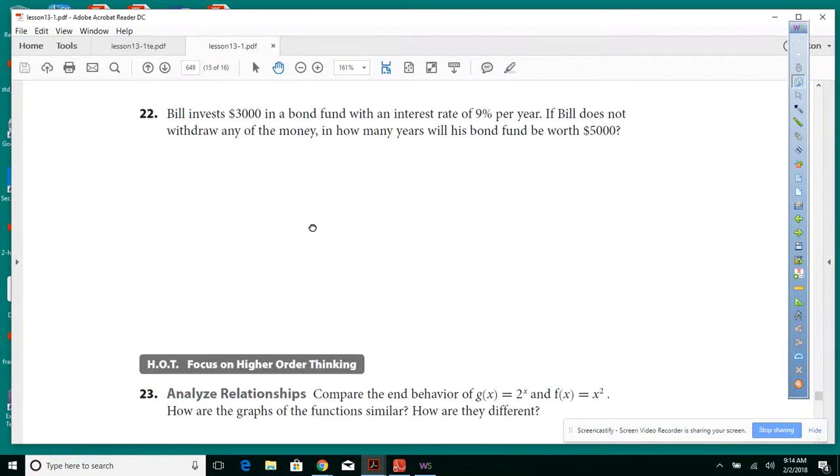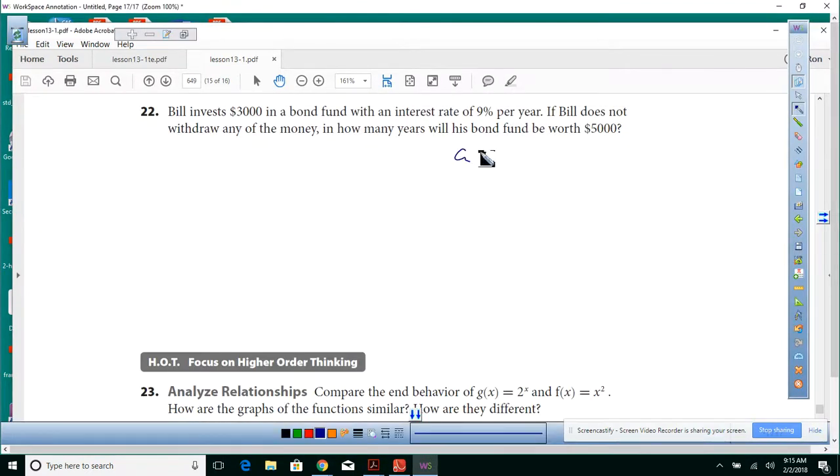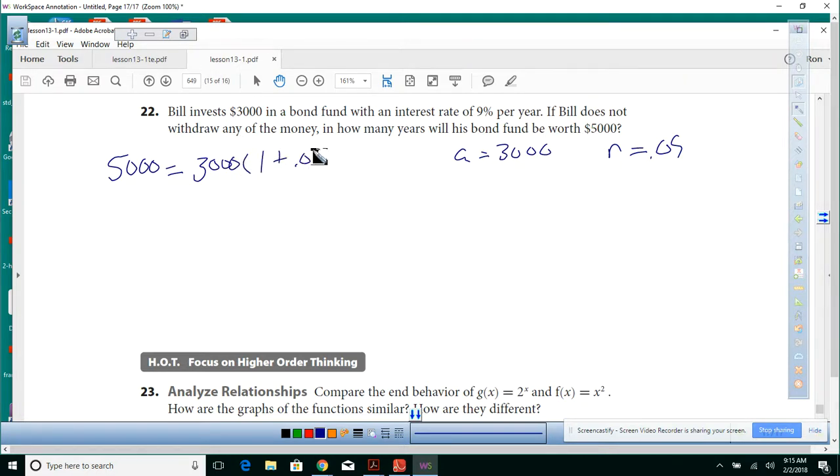And then 22, Bill invests $3,000, so A equals $3,000, and with an interest rate of 9% per year, so R equals 0.09. If Bill does not withdraw any money, in how many years will the bond fund be worth $5,000? So when will $5,000 equal $3,000 times 1 plus 0.09 to the t.